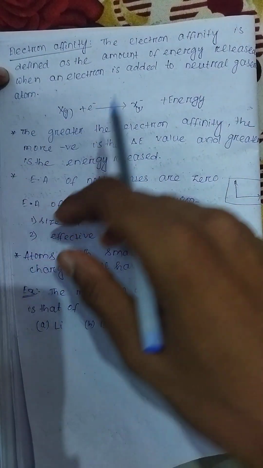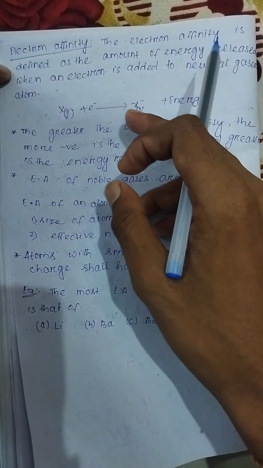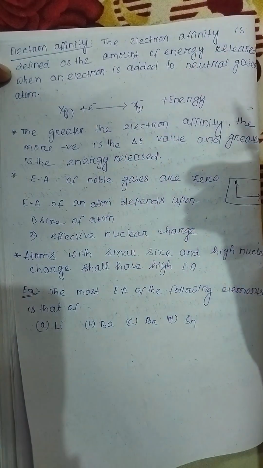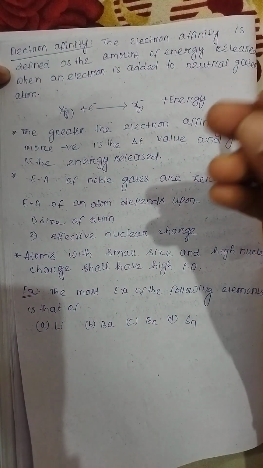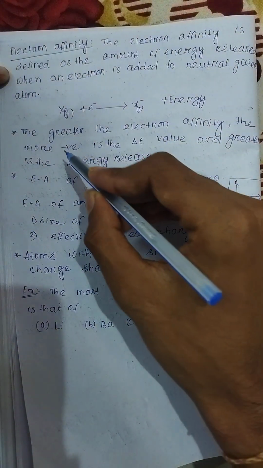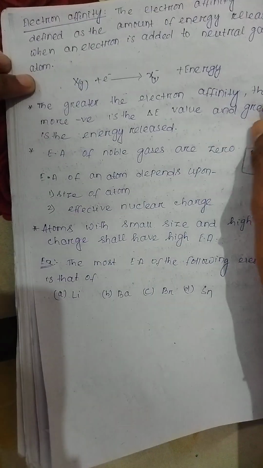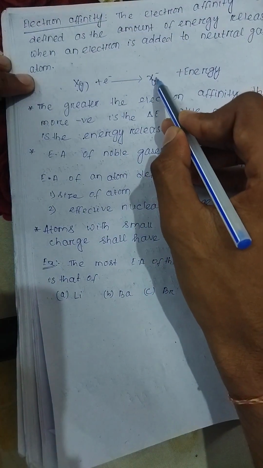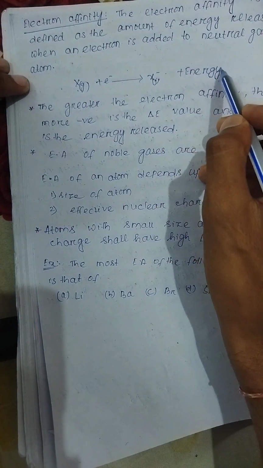Ionization energy is just the opposite of electron affinity. Ionization energy is the amount of energy required to remove an electron, but electron affinity is the amount of energy released when an electron is added in the outermost orbit. So the gaseous atom gains one electron, becomes X minus, and energy is released.